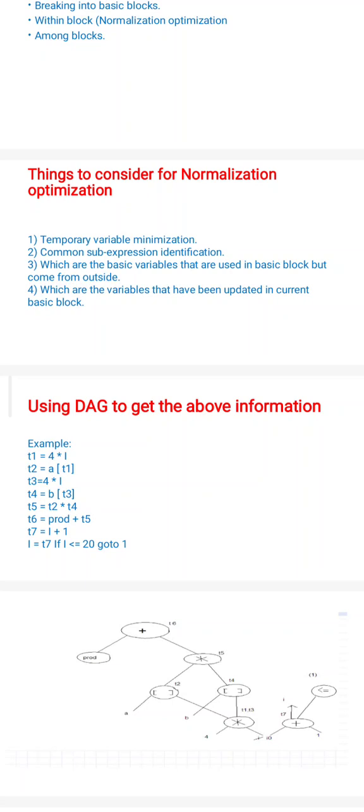Like that, each statement, each operation, we can store in one temporary variable for the purpose of doing the optimization. Finally, t7 we can transfer into i. If i is less than or equal to 20, go to 1. This is for the purpose of doing the optimization. See this diagram.